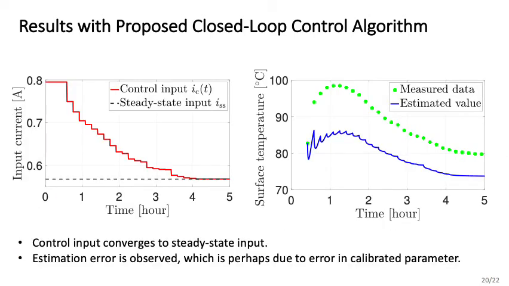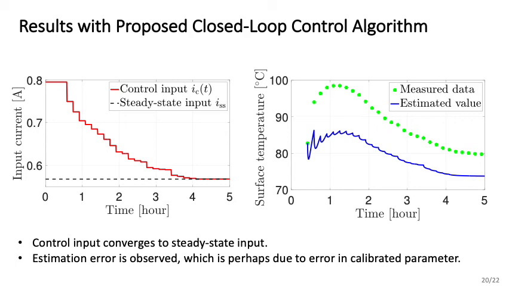Here I'm going to show the results of the input current on the left plot, and the surface temperature of the measured data and estimated value on the right plot. From the left plot, we can see that the control input nicely converges to the steady state input calculated prior to the experiment. In the meanwhile, from the right figure, we can observe that there is an error in the estimated value from the measured data, which is perhaps due to the error in the calibrated parameter through the open loop experiment.